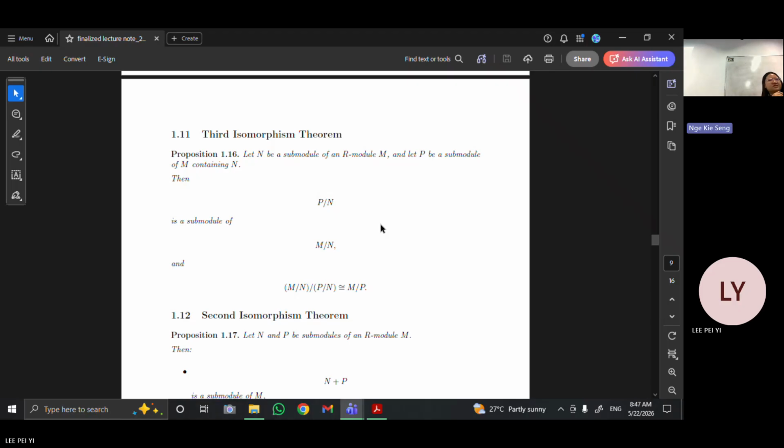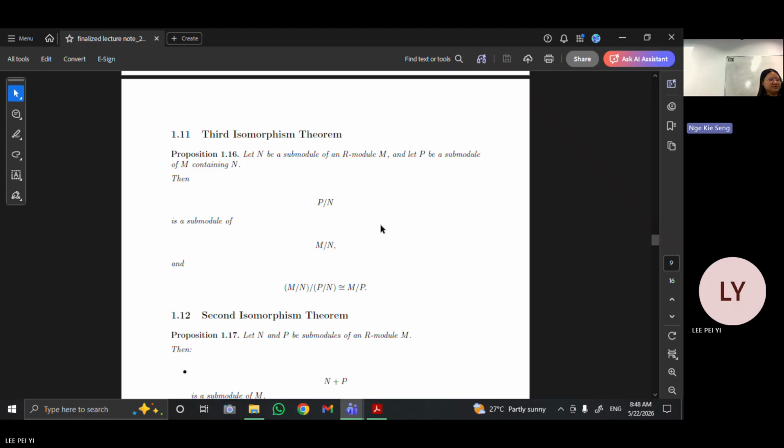So isomorphism is a bijection. So you need to produce a map, then show it is injective and surjective. And then this is an isomorphism. So we need to show that it is a module morphism. You define module morphism.